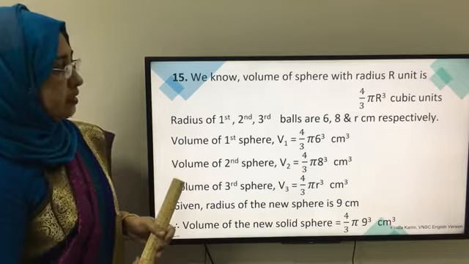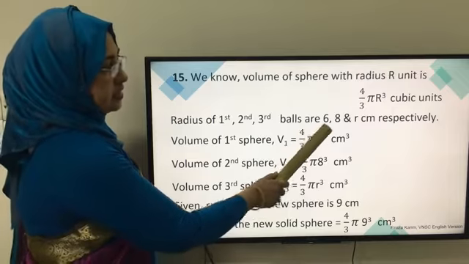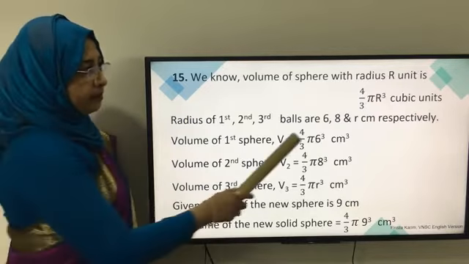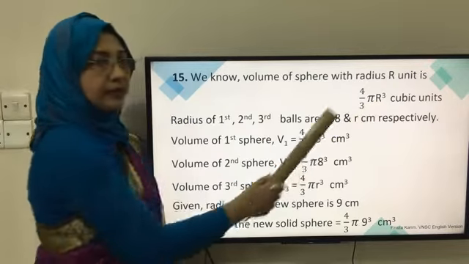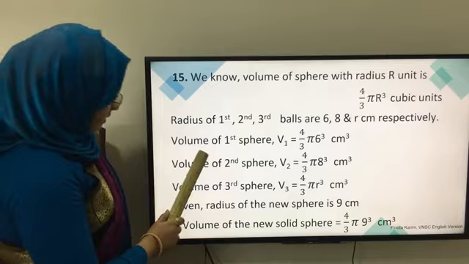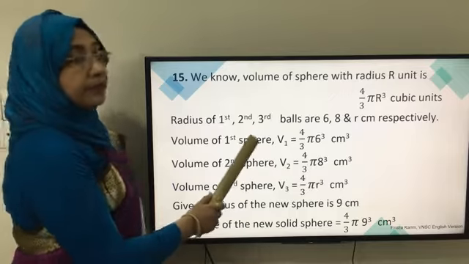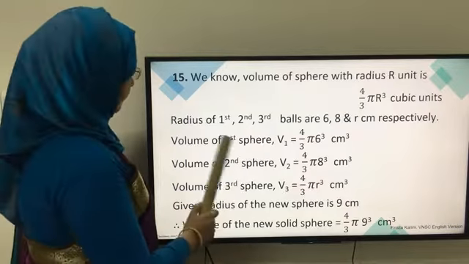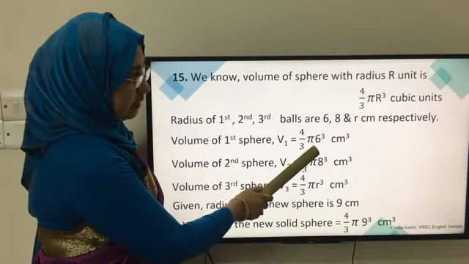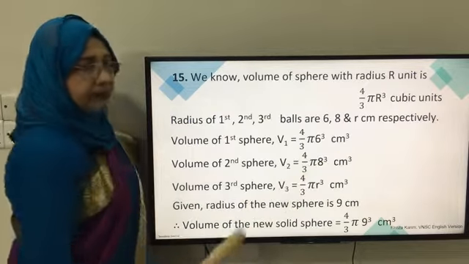Now what information do we have? We have the radii of the three glass balls, which are 6, 8 and r centimeter respectively. So if we replace the radius here, we can find out the volume of the three balls. Yes, you have to write volume of the first spherical ball, V1 equals 4 by 3 pi, and in place of r we write 6 cubed cubic centimeter.